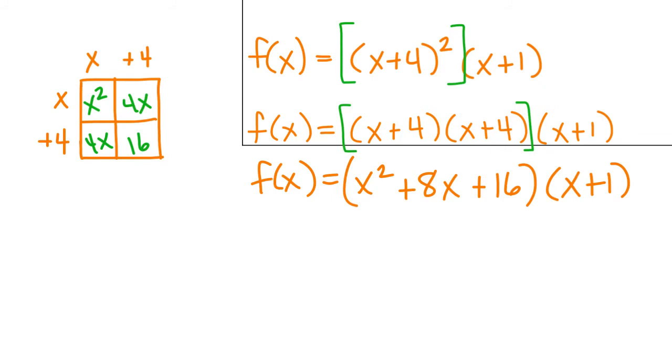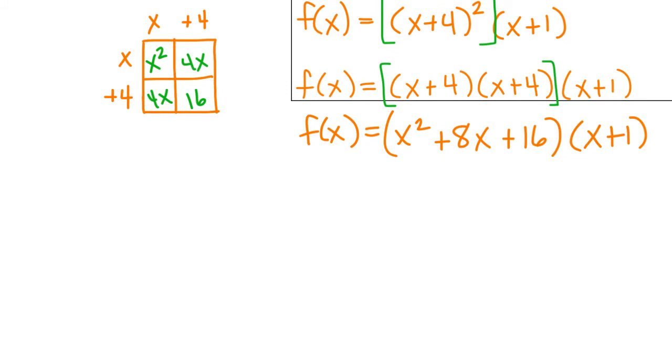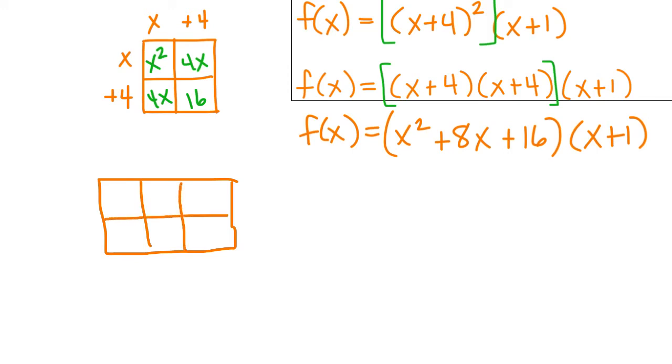Again, I'm going to do box method. It's just that this time we're going to need a bigger box. This one needs to be a 3 by 2. That first one, x squared plus 8x plus 16, times x plus 1. Okay, let's do the top row first.